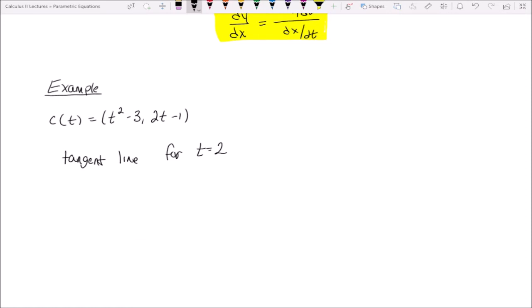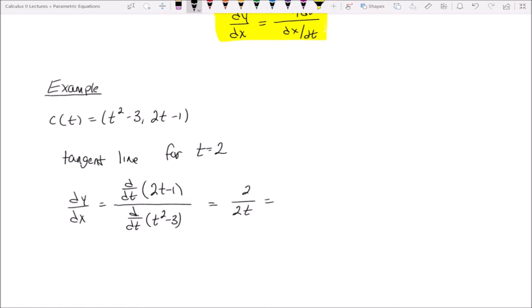Well, dy dx, right? So first we need the slope. It would be the derivative with respect to t of 2t minus 1 divided by the derivative with respect to t of t squared minus 3. So we get what? 2 over 2t, which is just 1 over t.